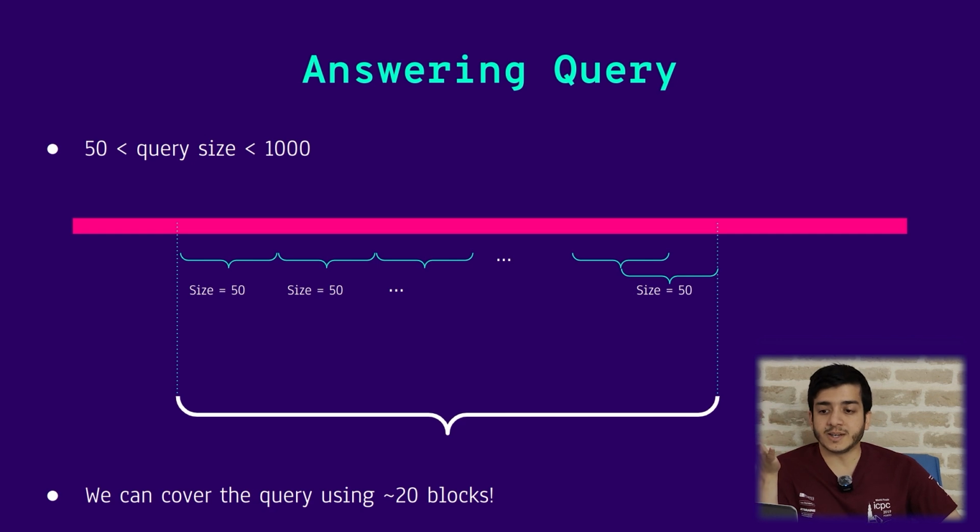You remember that when the size of the query was less than 1000, we were struggling and we used to just iterate over all of them one by one, wasting 1000 operations. But now, with blocks of size 50, we can use the same method we used with our bigger blocks to solve this case efficiently too.